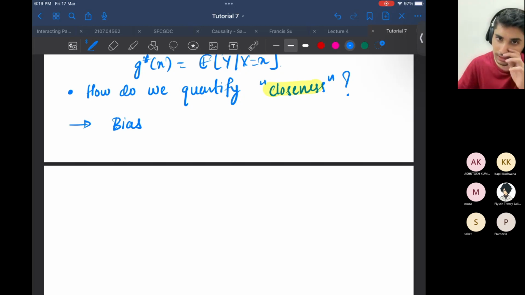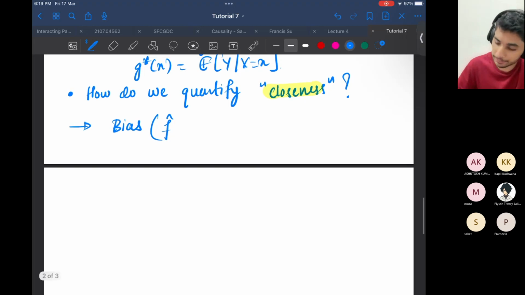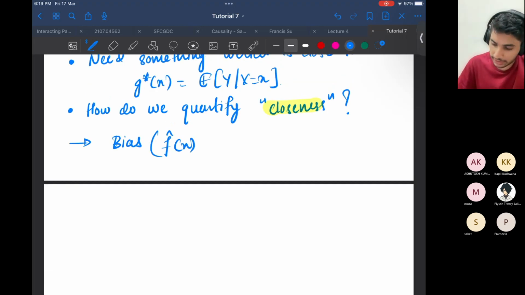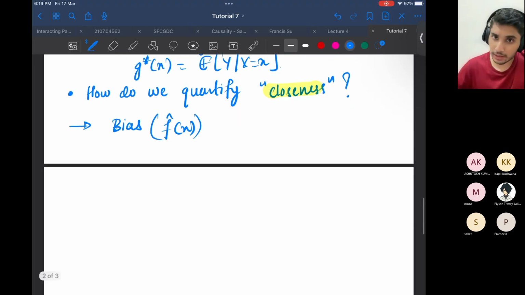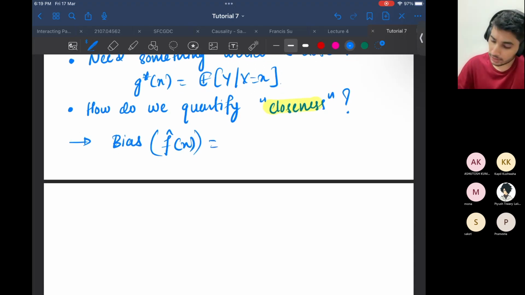In your notes I saw this, so I'm using those notations so that you can relate. So the bias of a model f hat of x, where f hat of x is a model, is equal to the expected value of f hat of x minus f of x.